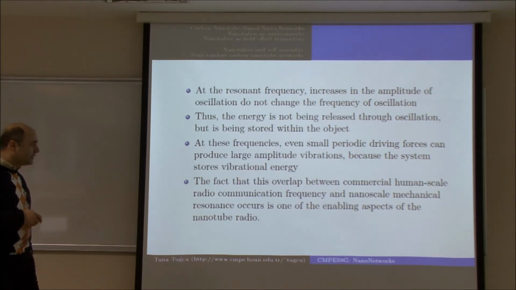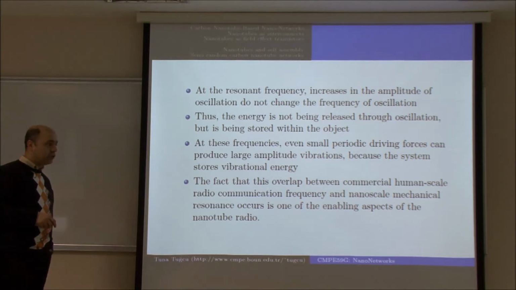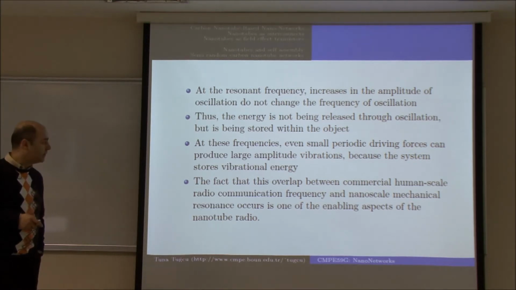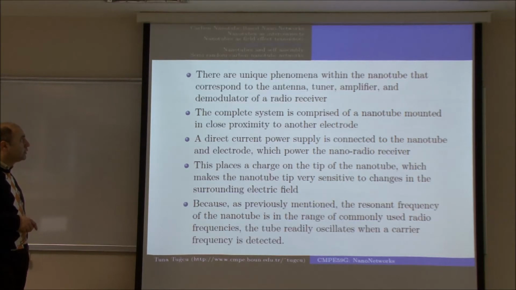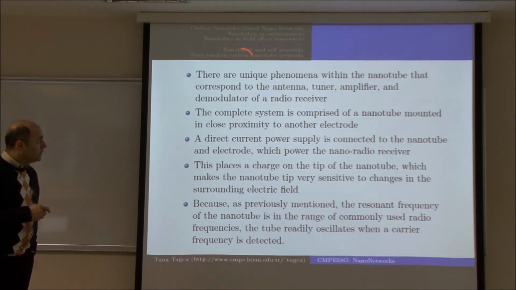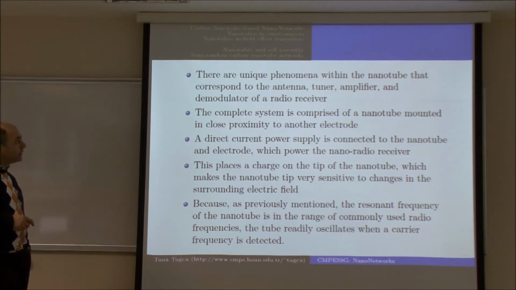So the fact that this overlap between the commercial existing human scale devices and the nanoscale mechanical resonance allows us for a way of implementing the nanotube radio. So there are some unique phenomena within the nanotube that corresponds to the antenna, tuner, amplifier, and demodulator of a radio. This actually defines a full radio for communication for us.